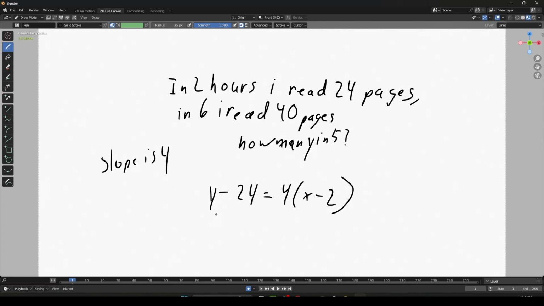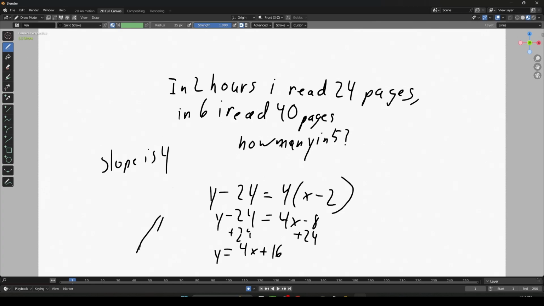So y minus 24 equals 4x minus 8, plus 24 on both sides, y equals 4x plus 16. Alright, 4x plus 16. That's our formula. That's how we know how many pages we're going to read if we keep at a linear pace.